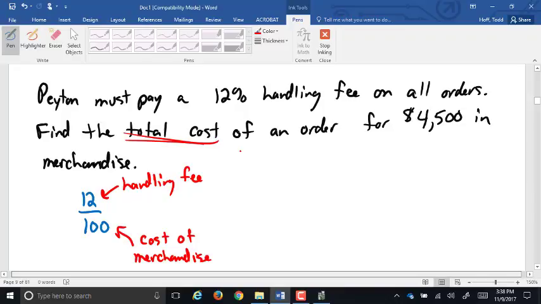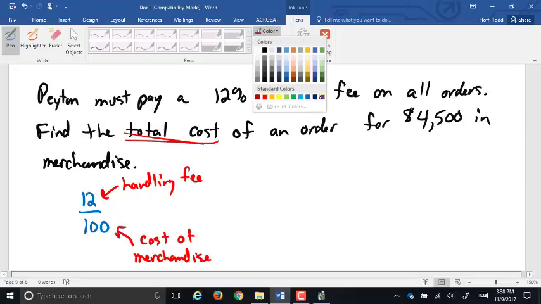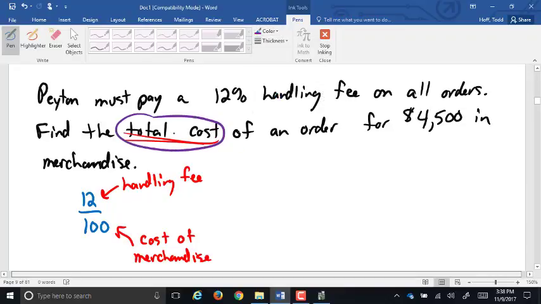No. That's the cost before the handling fee. The total cost includes the handling fee. So now on the other side, do we have either one of those numbers, the handling fee or the cost of the merchandise? Yes, we have 4,500 in merchandise, the cost of the merchandise.